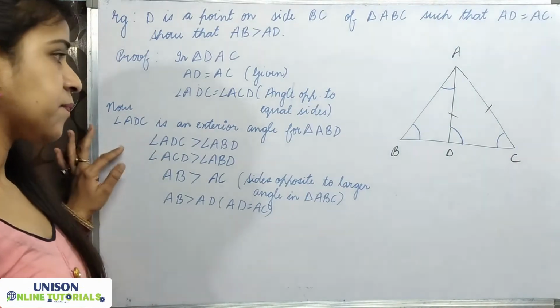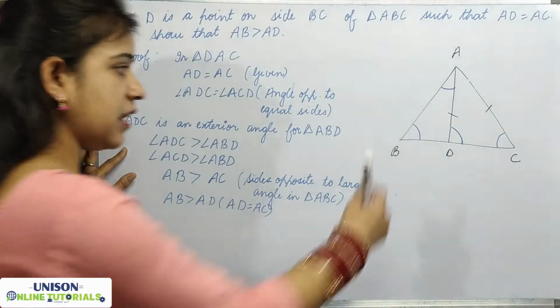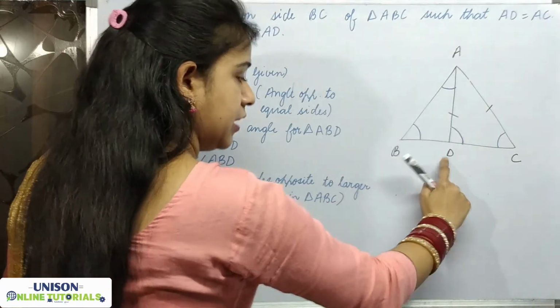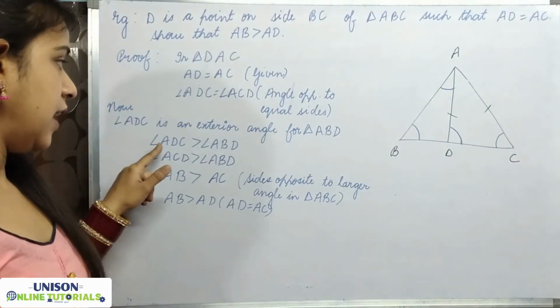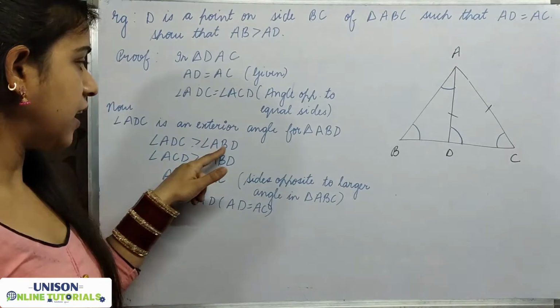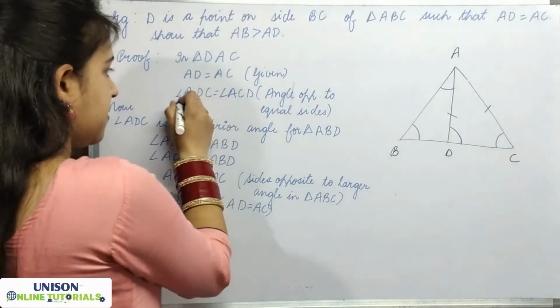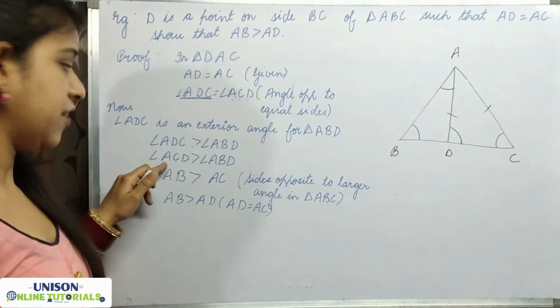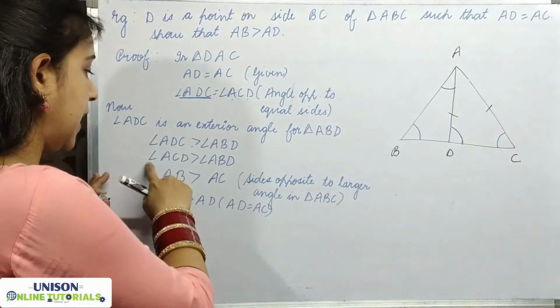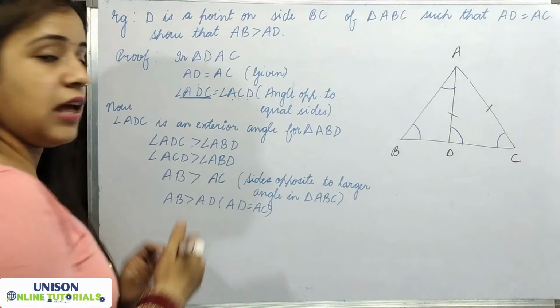So we can write ADC will be greater than ABD. Similarly, now ADC equals ACD. So in place of ADC, we can write ACD. So angle ACD is greater than angle ABD.